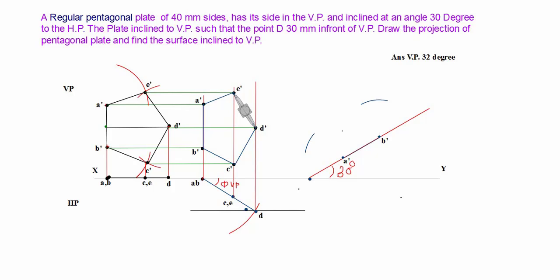Now we rearrange this second stage elevation with reference to A dash B dash. For that I take the radius A dash to E dash, center A dash, and I draw the arc. Similarly, I take the radius A dash to D dash, A dash as center, I draw the arc.